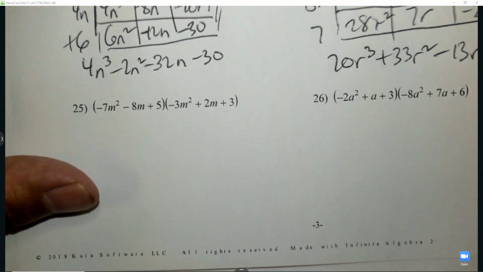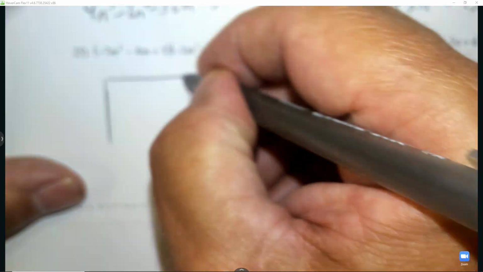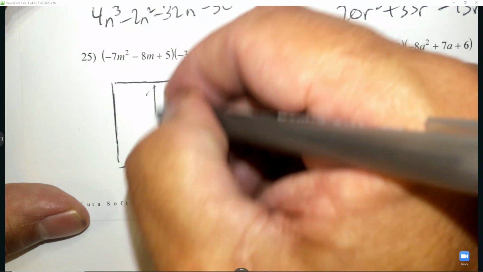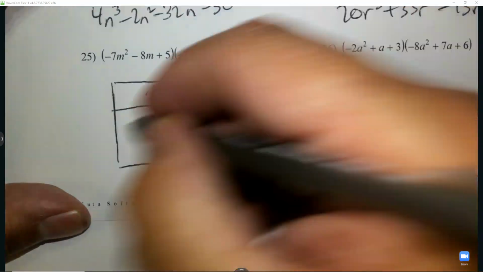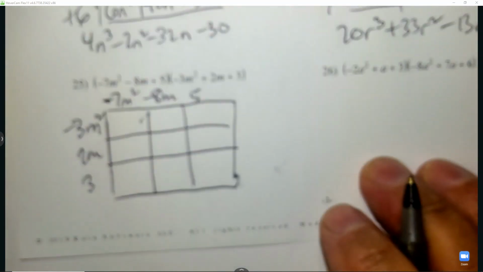When it's a 3 by 3, just got to make it a little bigger. So trinomial times a trinomial. This is what it looks like, so as we multiply it out. So negative times a negative.